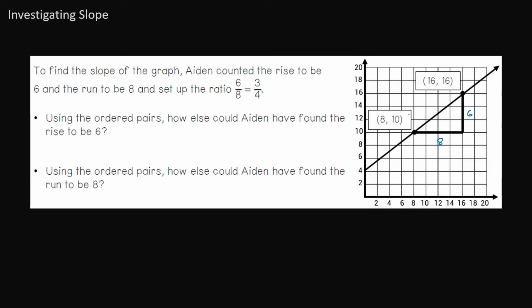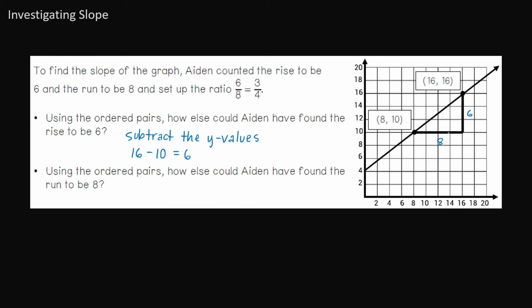Using the ordered pair shown though, he could have found the rise to be 6 a different way. You'll notice that the y value of this upper coordinate is 16 and the lower coordinate is 10. So he could have subtracted the y values. Subtract the y values, and to do that, it would just be 16 minus 10, which is 6.